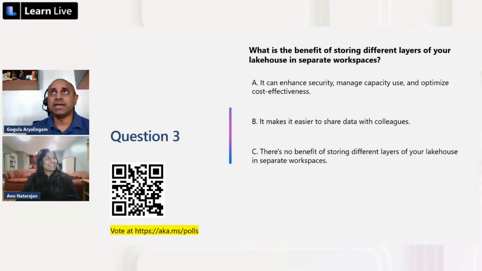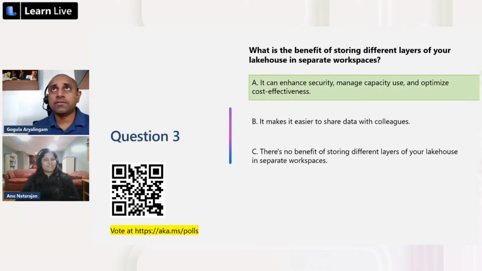Yep, they are. So 10, 9, 8, 7, 6, 5, 4, 3, 2, 1. And let's close the vote. And this is the answer. We've got the majority of the answers correct. We have an 87, 88% pass rate.